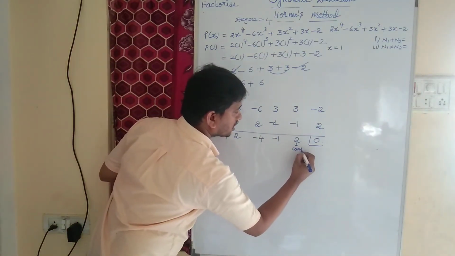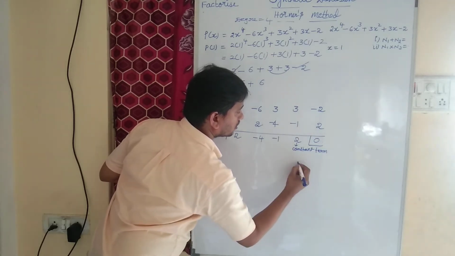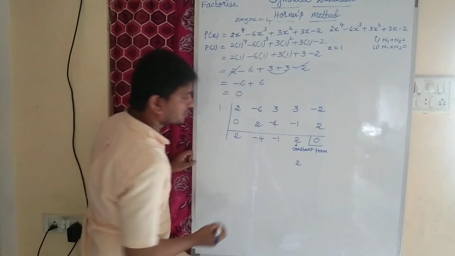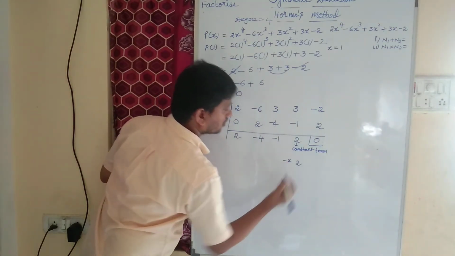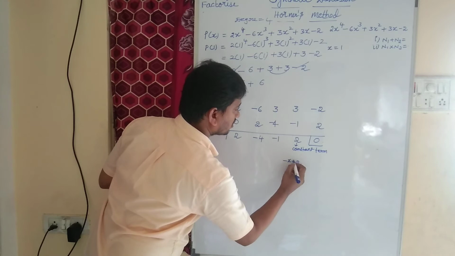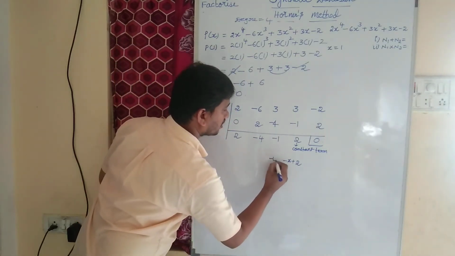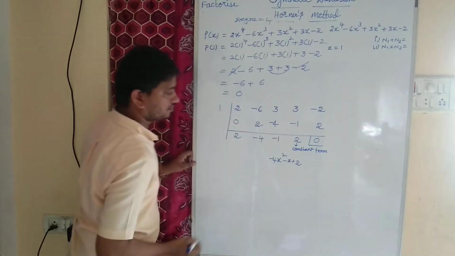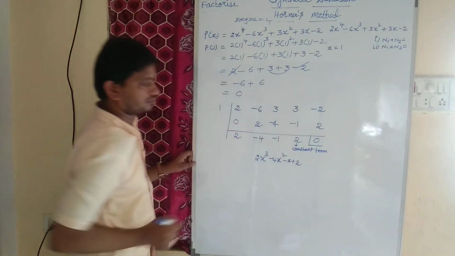This is our constant term, that is 2 here, and this is the coefficient of x, minus x plus 2, and this is the coefficient of x square, that is minus 4x square, and this is the coefficient of x cube, that is 2x cube.